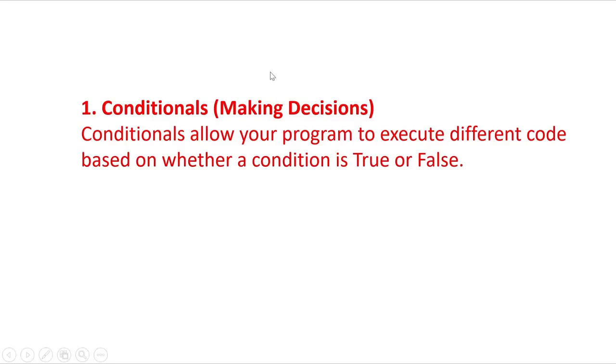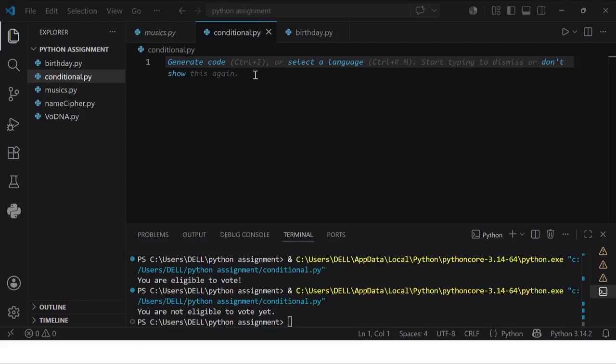So we are gonna open our VS Code. I believe by now you know how to open VS Code and how to open a file in VS Code. Here we are gonna write our first if statement in Python.